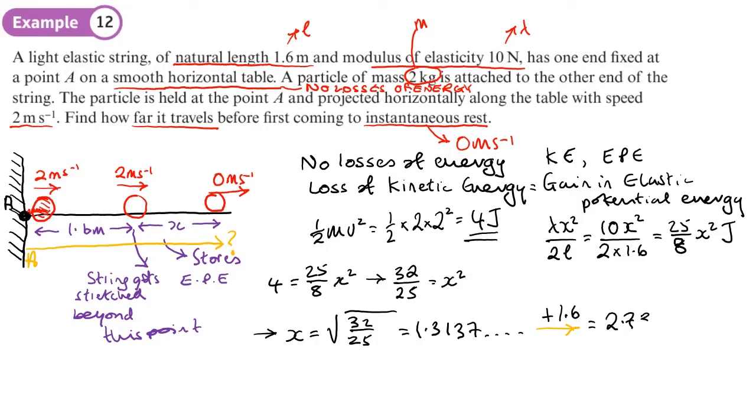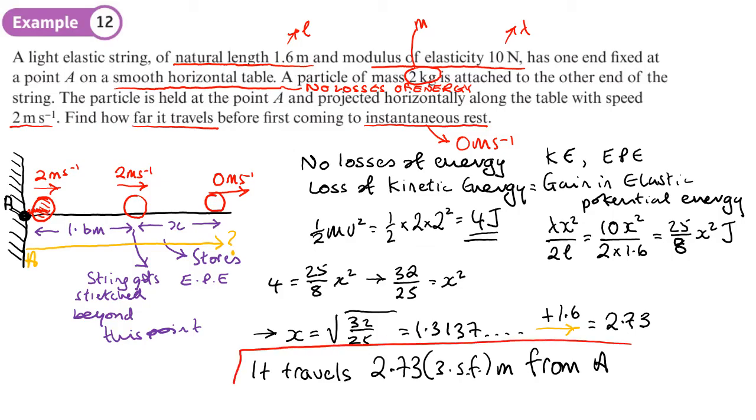That's 3 significant figures. So I can finish off by saying the particle travels 2.73 meters from A. There we go. So that is done.